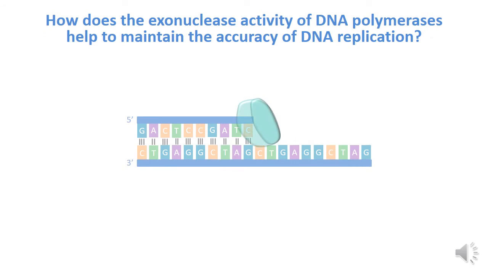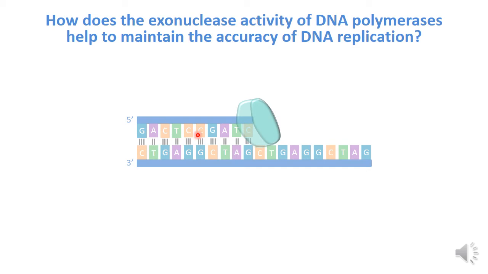Now, let me show you how the exonuclease activity of DNA polymerases helps in maintaining the accuracy of DNA replication. As you can see here, this is a DNA polymerase enzyme currently engaged in DNA replication. So what is this molecule? It's a DNA template. And what is this molecule?